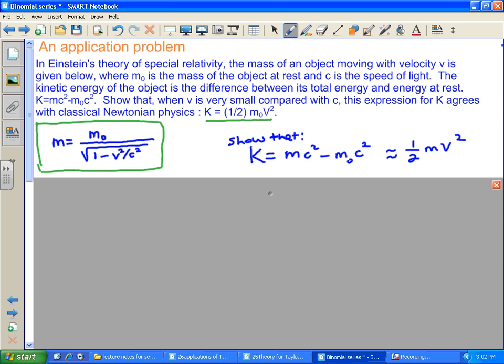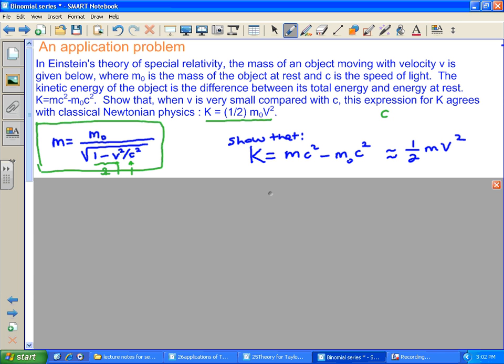But if you think about it, for objects that are moving very slowly in comparison to the speed of light, c represents the speed of light. So if v is relatively small in comparison to the speed of light, v squared over c squared will be a very small number. And 1 minus that will be almost the same as 1.